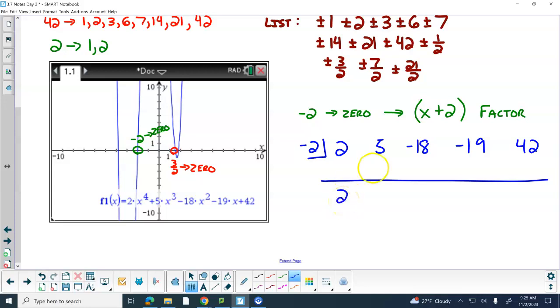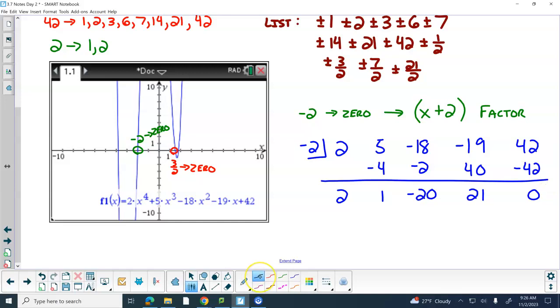Bringing down: 2, then -4, 1, then -2, -20, then +40, +21, then -42, 0.